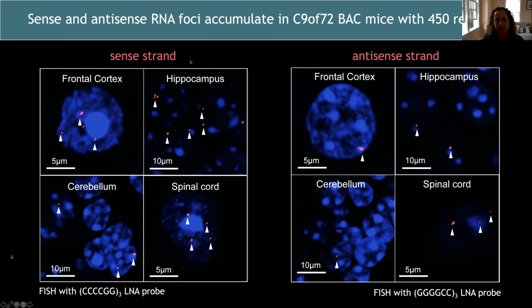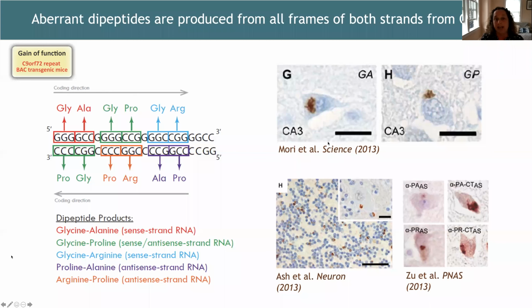First of all, these mice do accumulate RNA foci, both from the sense strand and the antisense strand, which is exactly what is seen in the patients. And importantly, they also accumulate dipeptide repeat proteins. So I have mentioned this phenomenon by which the expanded repeat is being translated in all frames, actually both from the sense strand and the antisense strand.